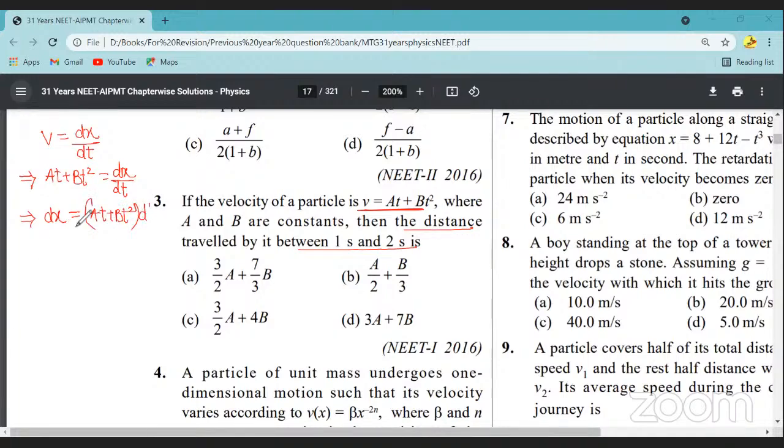Then I will integrate with limits: time limit is given, 1 second to 2 second, and x limit x1 to x2.